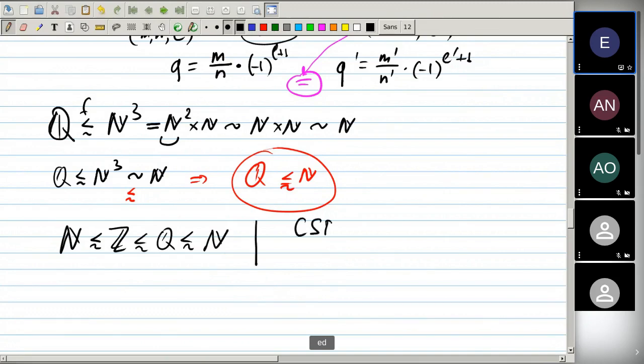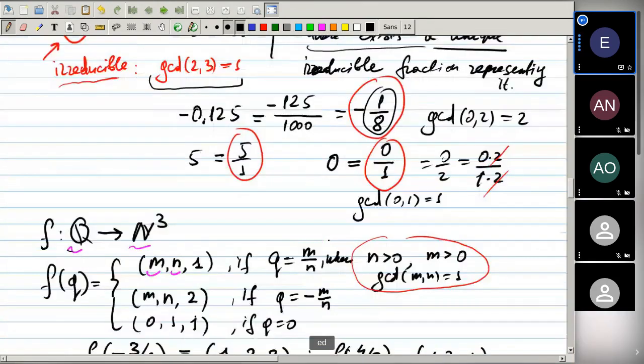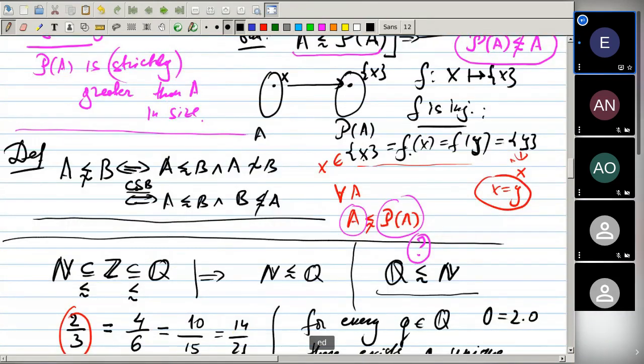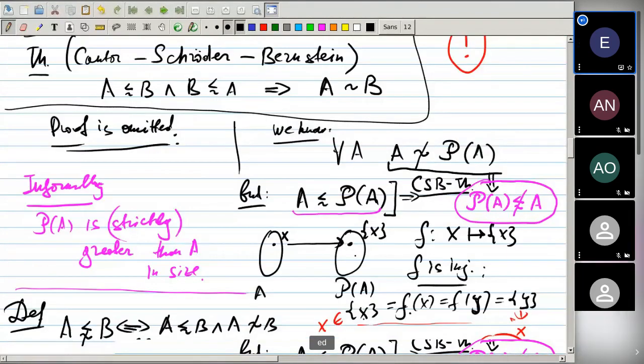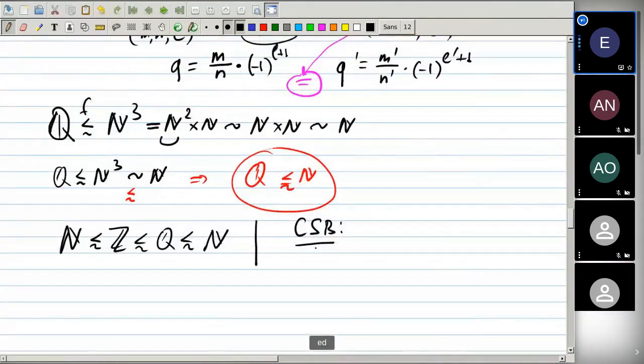Yes. But what does our Cantor-Schroeder-Bernstein Theorem say? It says that if A is embeddable into B and B is embeddable into A, if two sets are mutually embeddable, they are equivalent. So what does it mean?